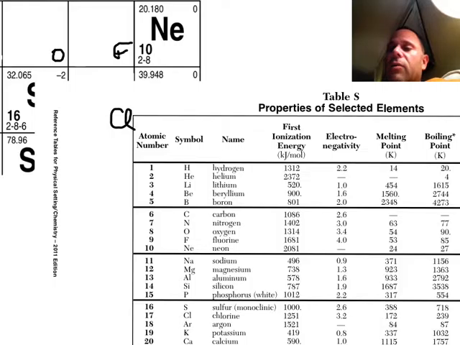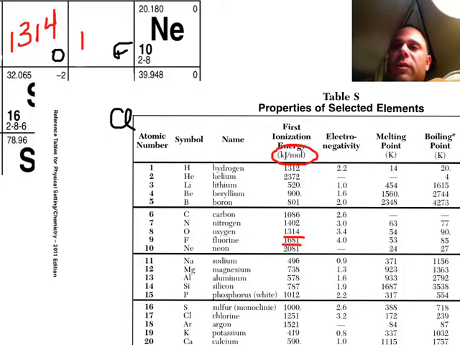Oxygen was 1,314. I don't have room for the units, but the units are kilojoules per mole. That's 1,000 joules for every mole. A mole we will discuss later on in chemistry. Fluorine was 1,681, and chlorine was 1,251.